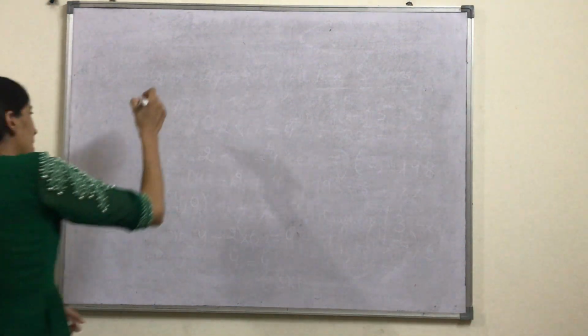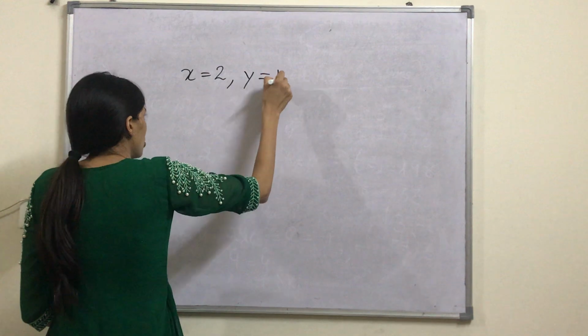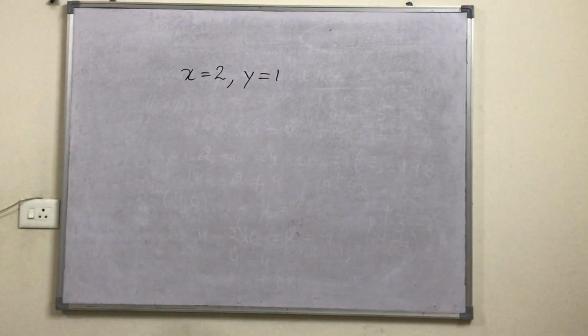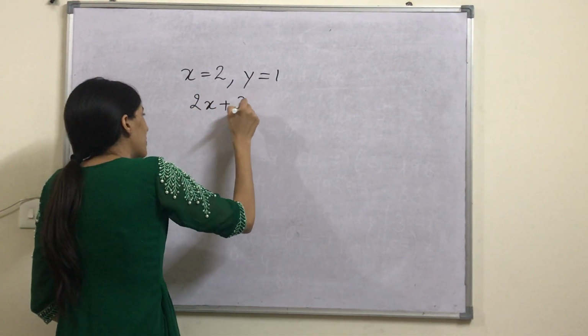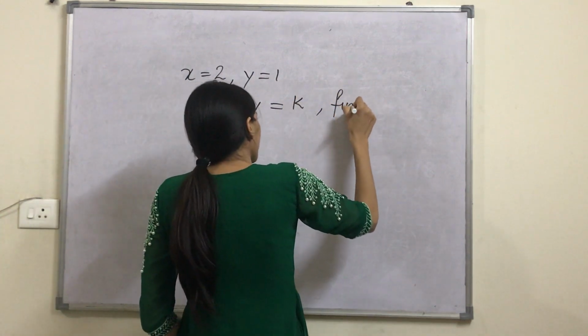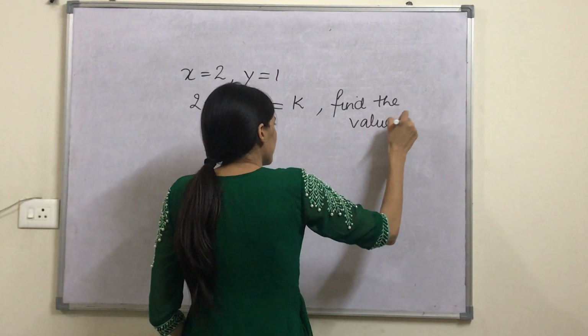Next we are going to do, it is given x is 2, y is 1 and 2x plus 3y is k. You have to find the value of k.